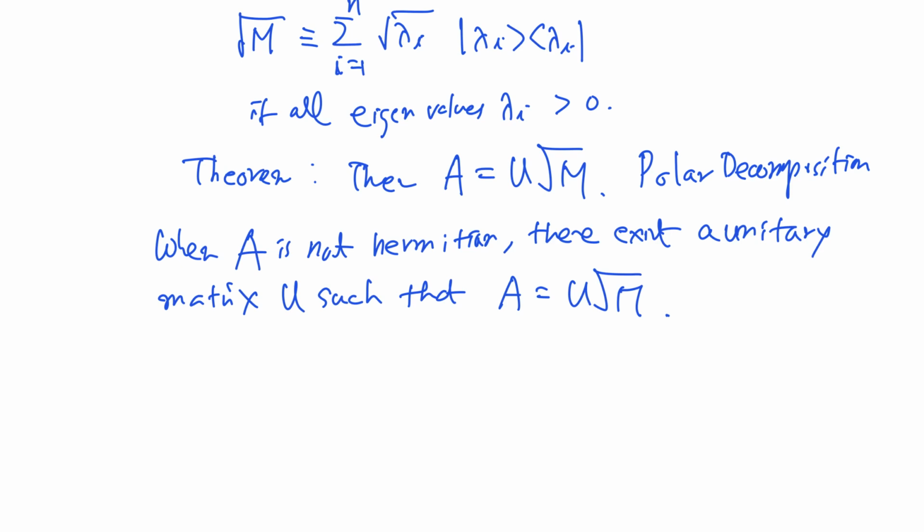This operation is also very important in computation because sometimes you have to deal with a matrix which is not Hermitian. But then there is a way to handle this matrix by using the square root matrix M and the unitary matrix. I'll just show the procedure.